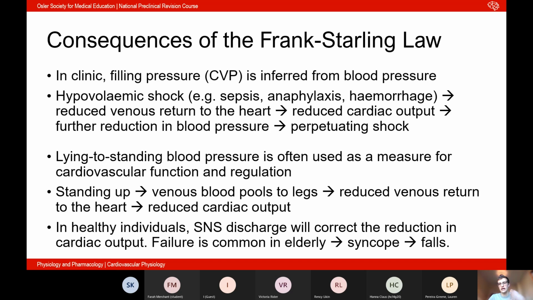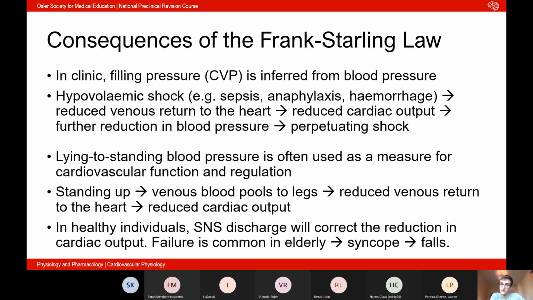This is an assessment that we do quite a lot in clinic to measure the change in someone's blood pressure from lying down to standing up. When you stand up, obviously, blood pools in your legs and you get reduced venous return, and therefore your cardiac output decreases, and that causes your blood pressure to decrease to the extent where some frail elderly people will get really dizzy and fall over.